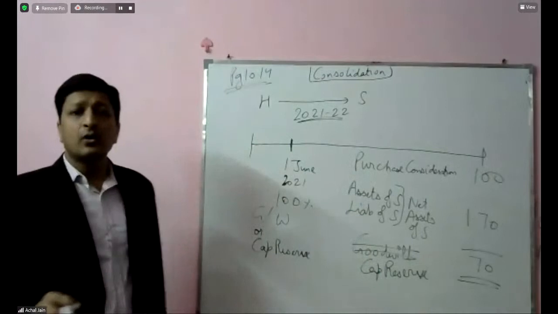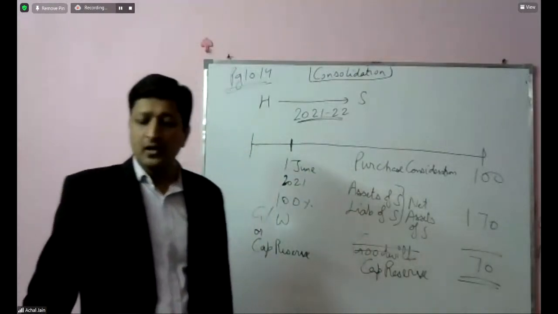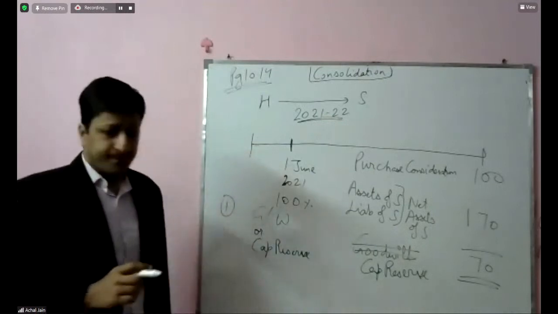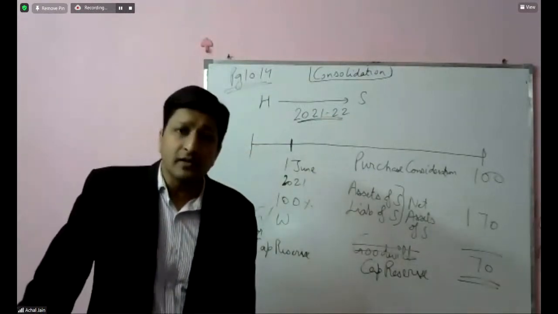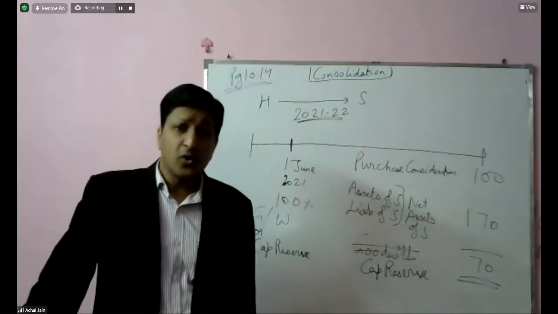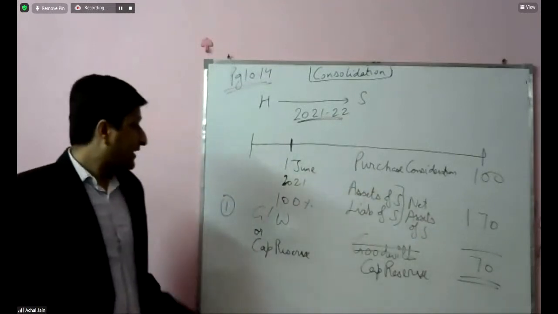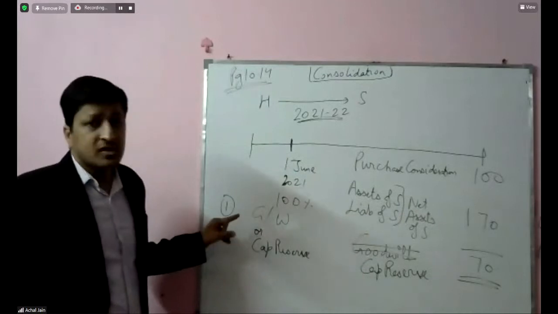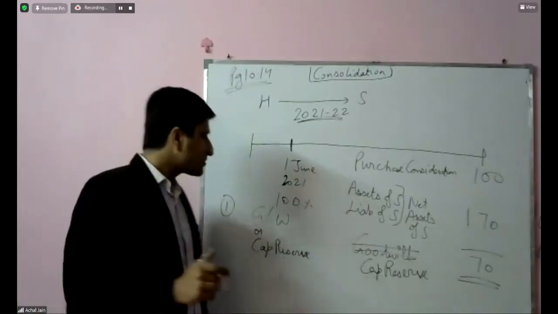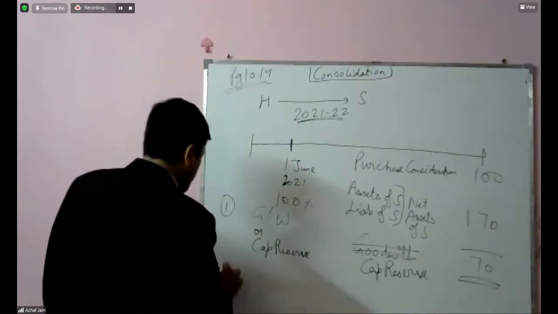This is the first part which you have to remember. Whenever we solve the questions of consolidation, you will always have to remember whether we are required to compute this or not. Okay? Clear on this?